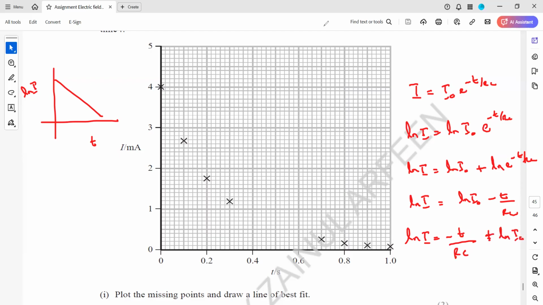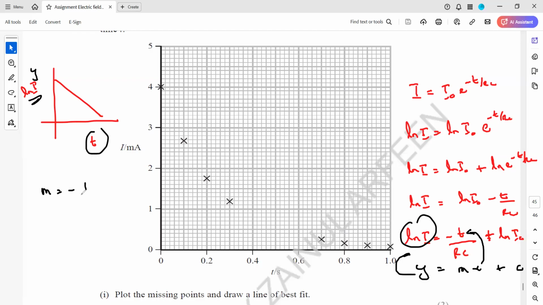Now, if I compare with the equation of a straight line, y equals mx plus c, on the y-axis I have ln I, and on the x-axis I have t, the time. What will be the gradient? The gradient will be minus 1 over RC, where RC is the time constant.